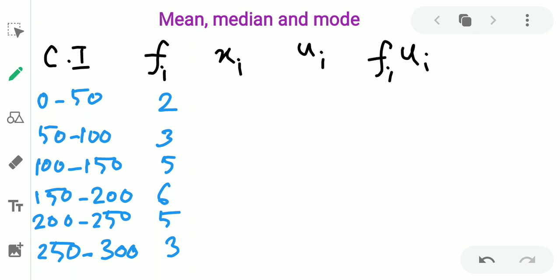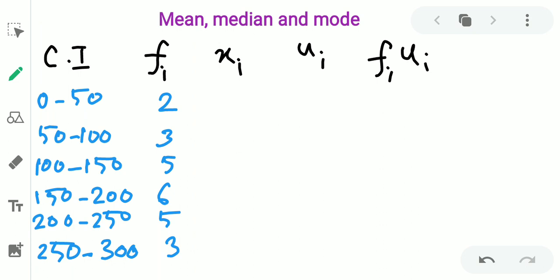So xi means the mid value of the class interval. How to find the xi? It is upper limit plus lower limit divided by 2, or the average of the lower limit and upper limit.